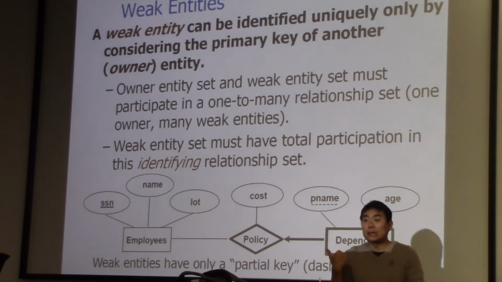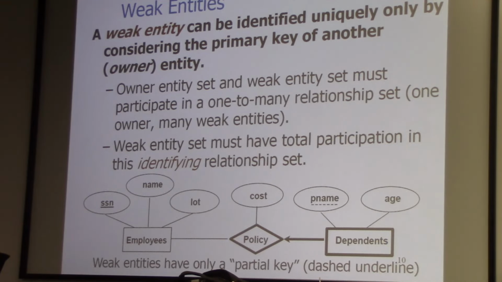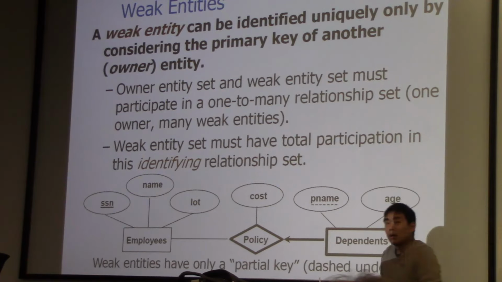A weak entity set, in general, is no different from a typical normal entity set. The only difference is that the existence of those weak entities solely depends on an owner entity. Meaning, if the owner entity is deleted from your database, those weak entities will be automatically removed. Not only that, in most cases, weak entities depend on only a single owner entity.